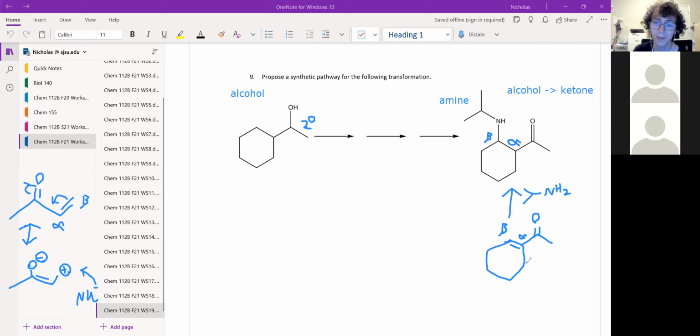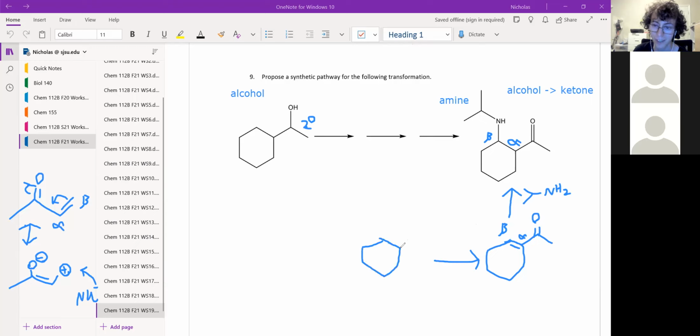And this again might not jump out at you on a test. So you can always work forwards from the starting point to try to meet yourself in the middle. But since we've been talking about it today and it was brought up during lecture, something that might be an idea in your head is, well, I have a double bond like this.